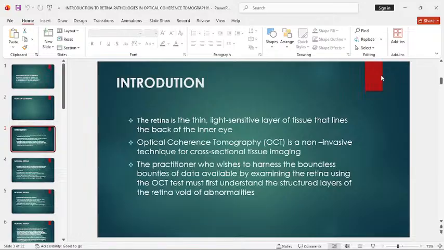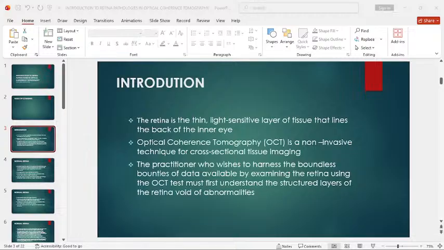Any practitioner who wants to fully understand retinal pathologies, to be good in what he's doing, to be able to identify pathologies in the retina and make a good diagnosis, must be able to fully understand the structured layers of the retina, that is, when the retina is without abnormalities.